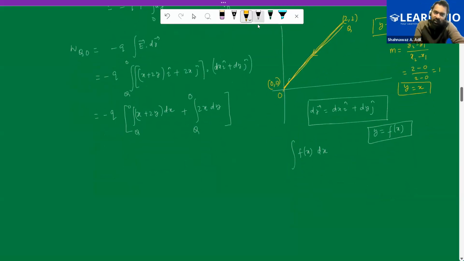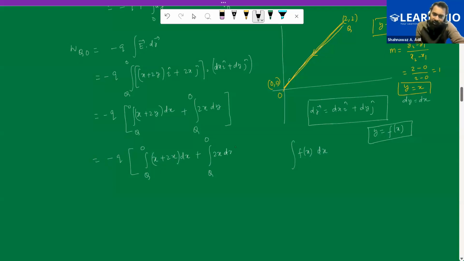We write minus q, and this is q to 0, x plus 2x dx, and then this is q to 0, and this is 2x, and dy I can write simply as dx, right?